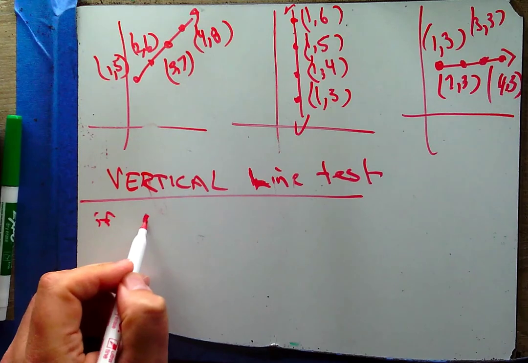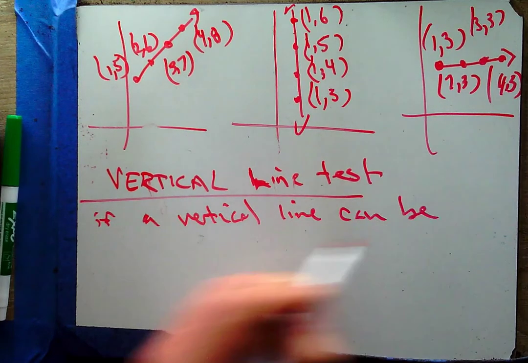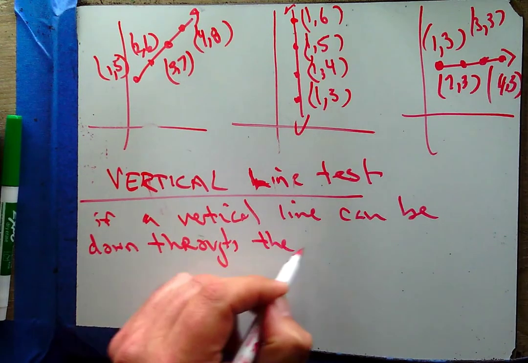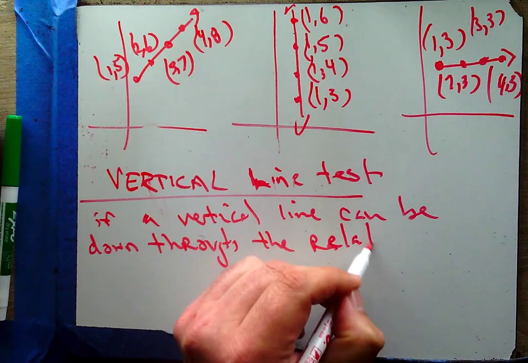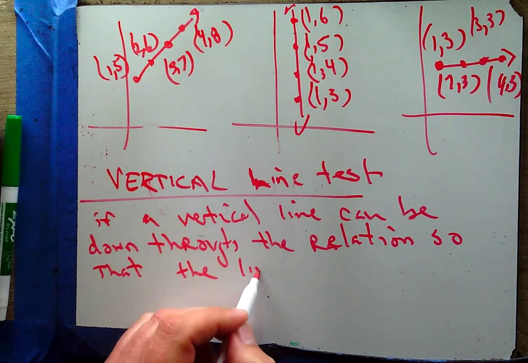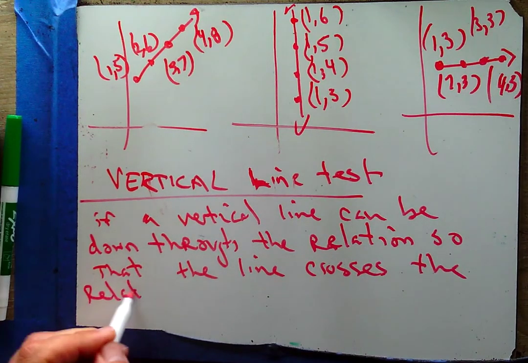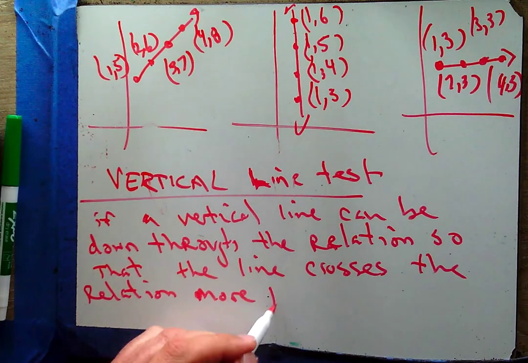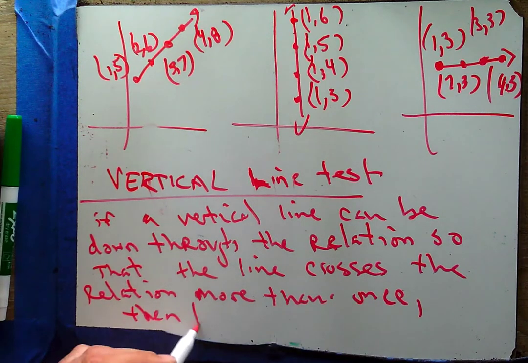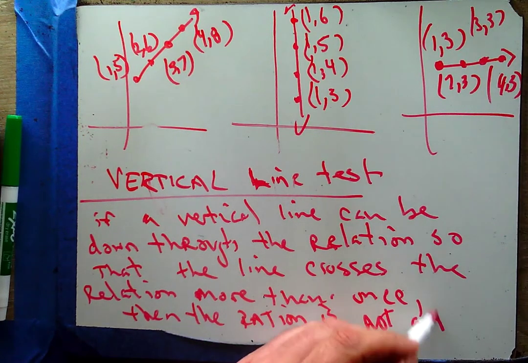If a vertical line can be drawn through the relation so that the line crosses the relation more than once, then the relation is not a function.